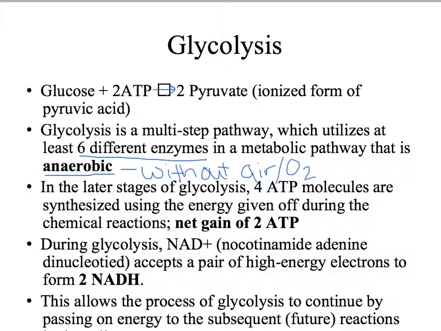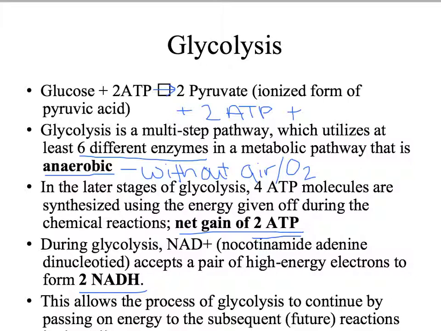In later stages, 4 ATP molecules are produced, so you have a net gain of 2 ATP. So in glycolysis, you end up with 2 pyruvate plus 2 ATP, and you also end up with 2 NADH. If you remember NADP plus and NADPH from photosynthesis, the same type of thing is happening here in cellular respiration, and specifically glycolysis.